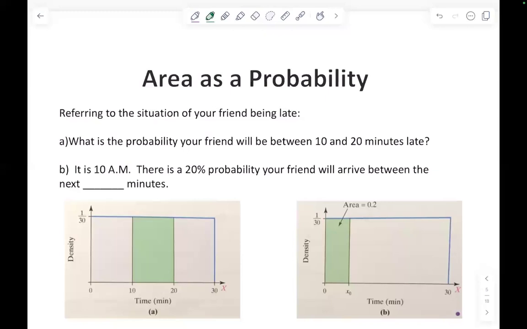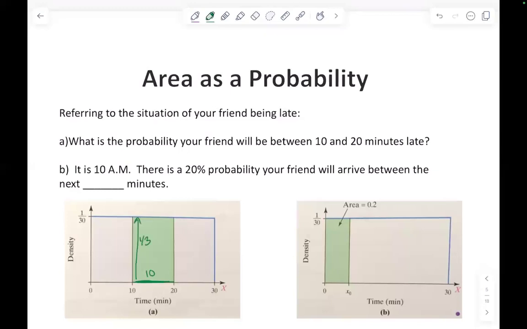So let's take a look at A. What is the probability of your friend being between 10 and 20 minutes late? This distance right here between 10 and 20 is 10, because there are 10 minutes between 10 and 20. Then the height here is 1/30th.